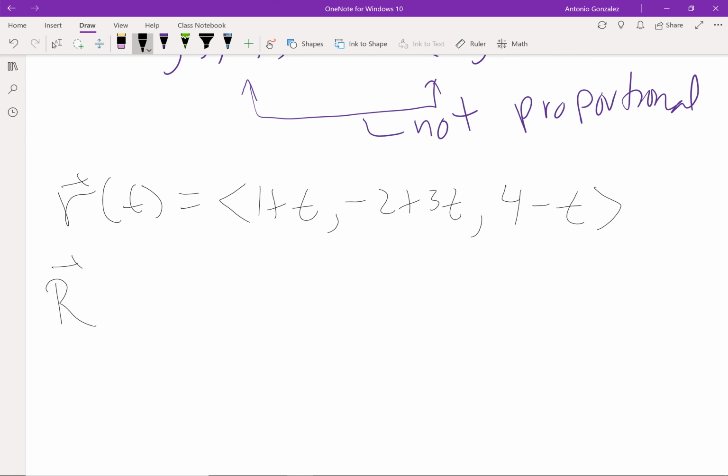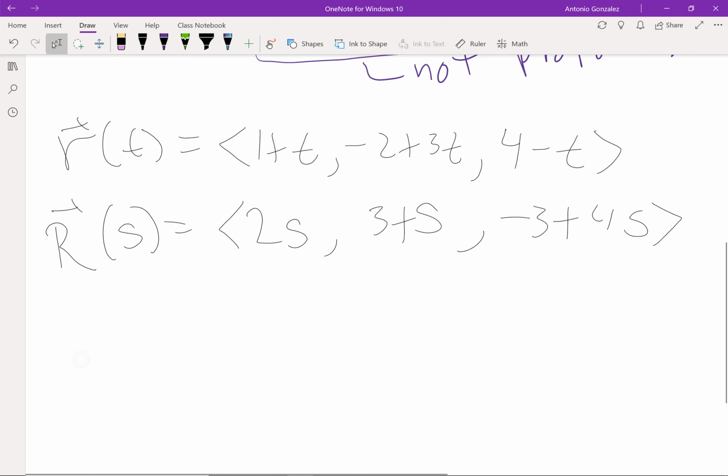And then capital R of s, to name my function 2, is <2s, 3 plus s, -3 plus 4s>.